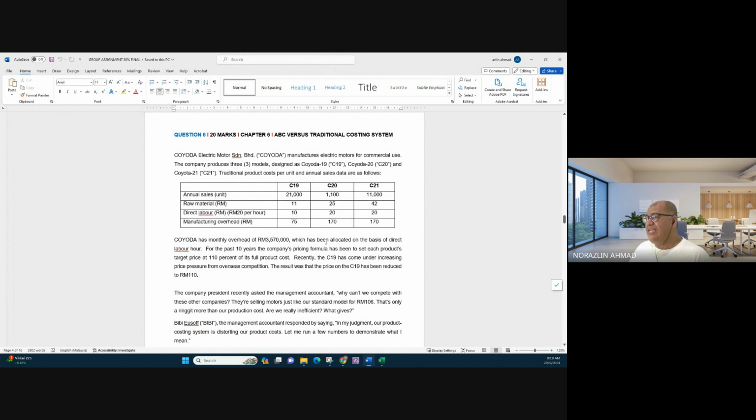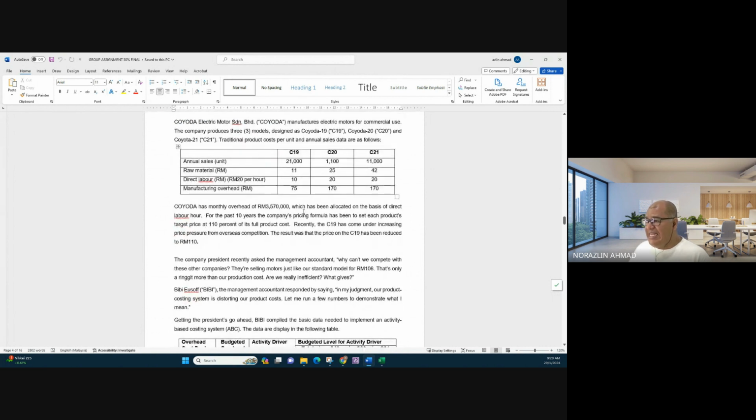Coyoda manufactures electric motors for commercial use. The company produced 3 models designated as C19, C20, and C21. Traditional product cost per unit and annual sales data are as follows. This one is traditional product cost per unit.